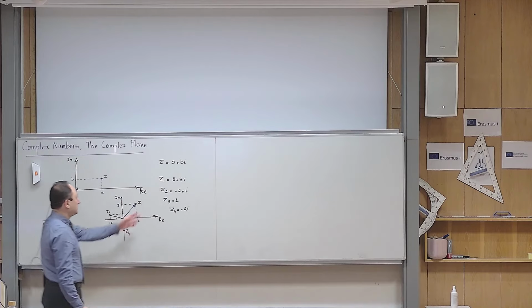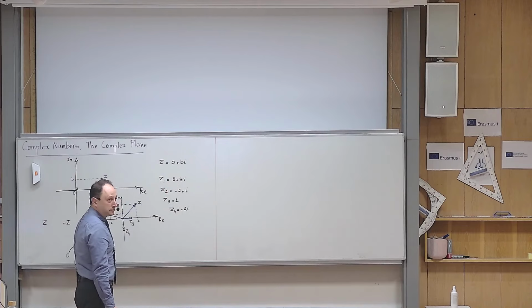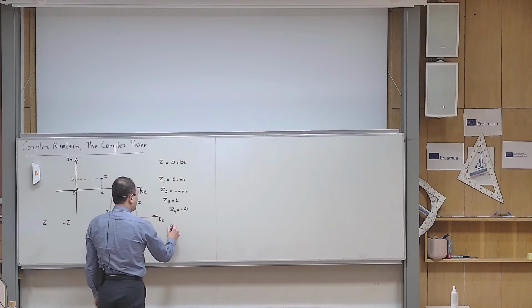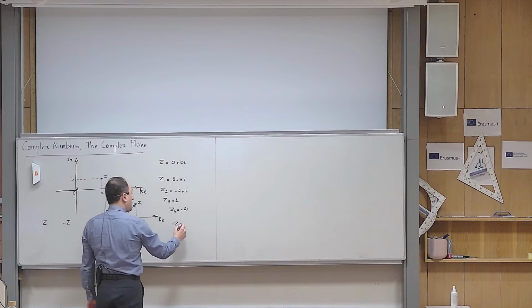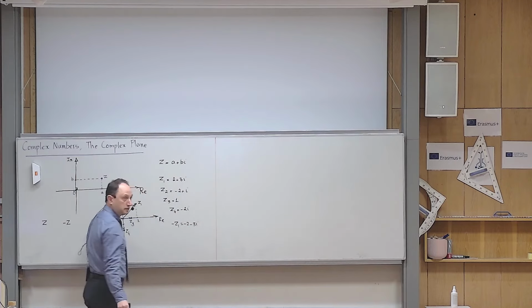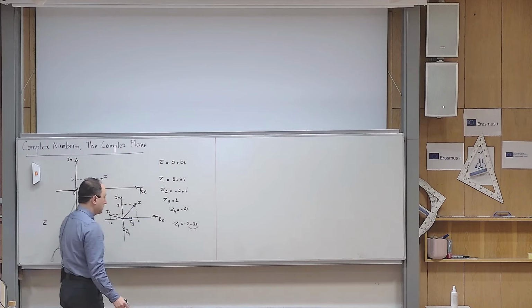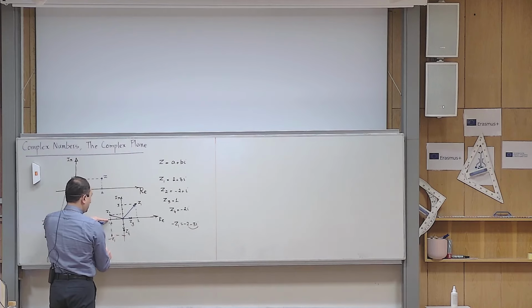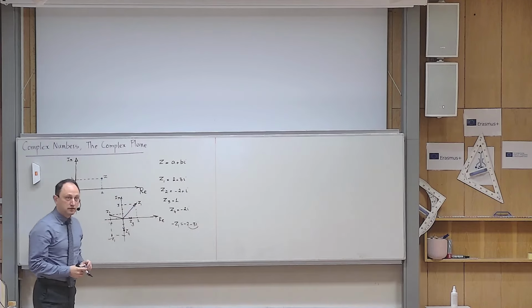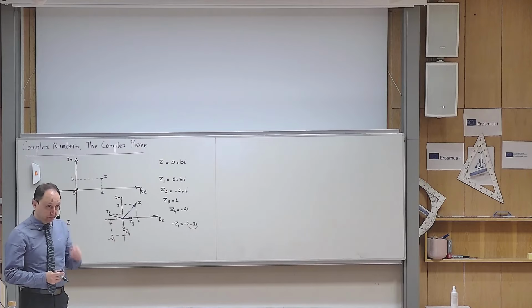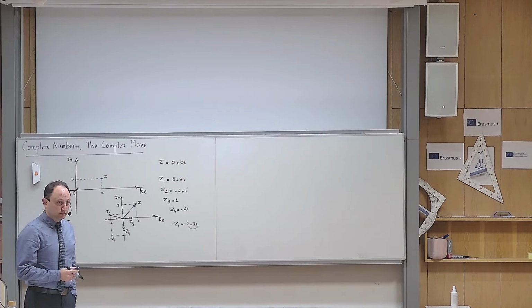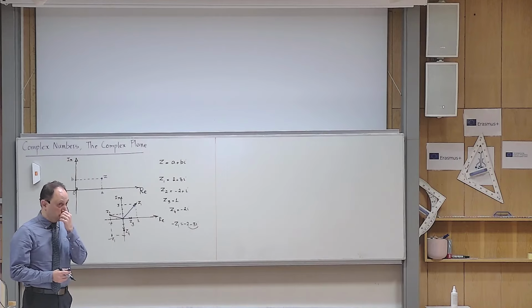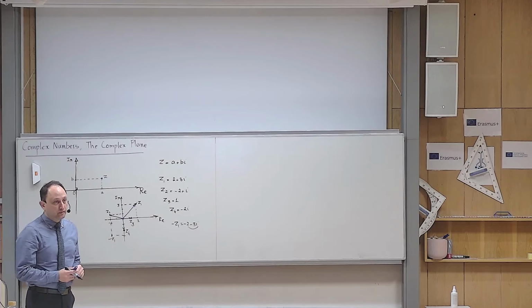So for example, this is z1, 2 plus 3i. Now let me multiply z1 by minus sign. It becomes minus 2 minus 3i. If I ask you to find this point, you go minus 2 and minus 3. This is minus z1. This was z1. How are z1 and minus z1 in general connected? They're the opposite, or mirror image, with respect to both axes.